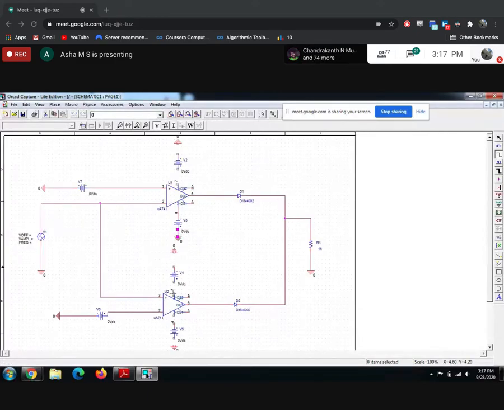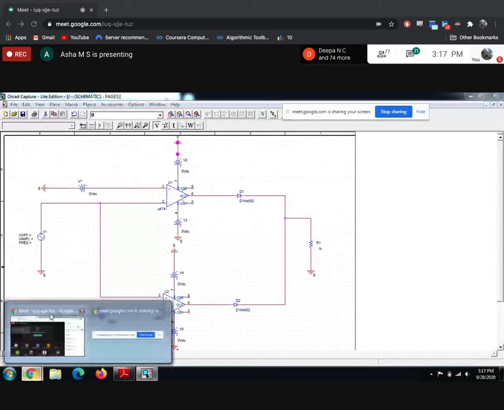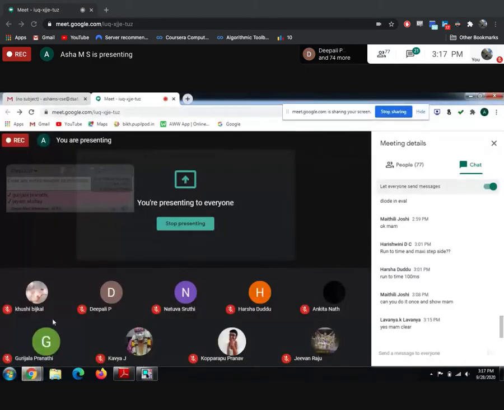Pin number 7 is connected to positive, pin number 4 is connected to the negative. Another end of the power supply is connected to ground. I think the connection is done. Is the connection correct?